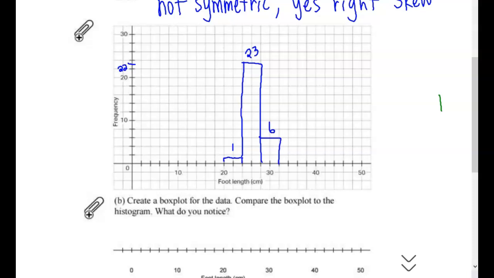Alright, from 32 to 36 is 4, good. So that's 2 little unit squares, because we're counting by 2. And then the next one? 4 again. And then from 40 to 42, to 44, sorry. 2. Okay?